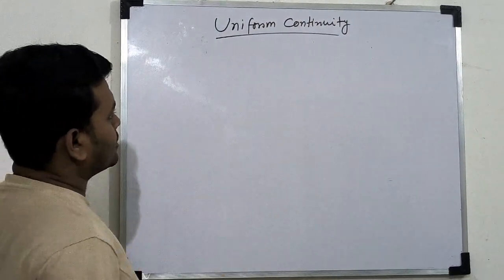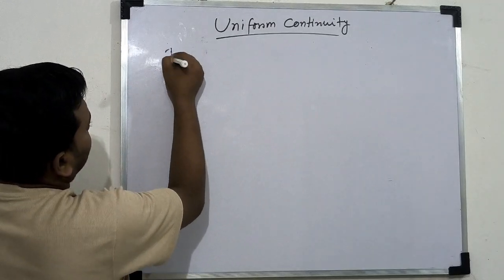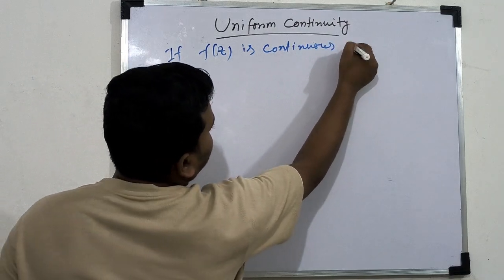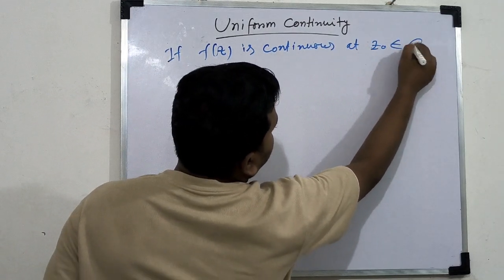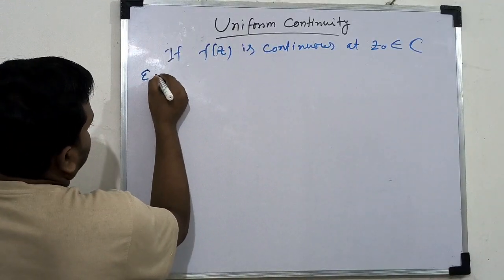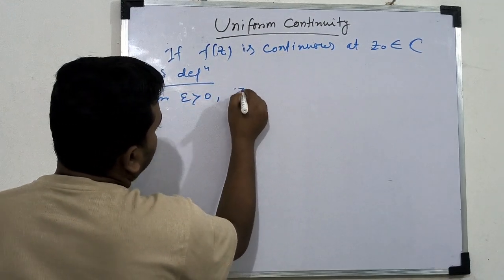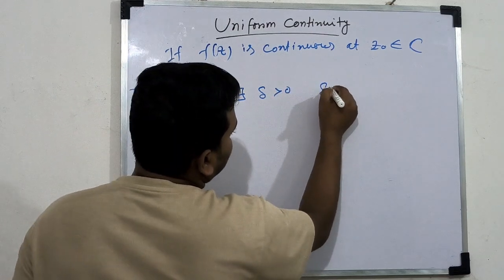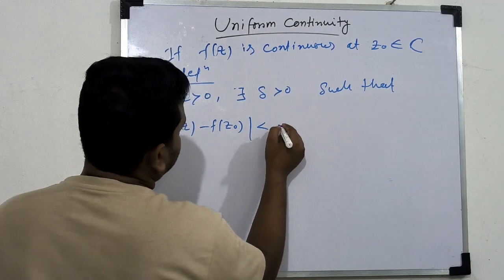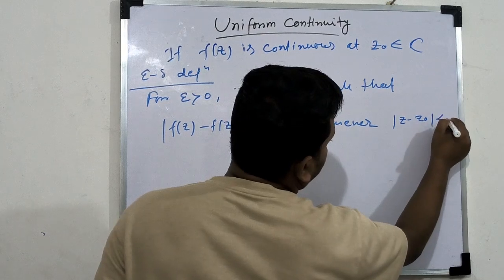So I will discuss the definition of uniform continuity. We have discussed the continuous function. So if f(z) is continuous at a point z0, which belongs to the set of complex numbers, then the epsilon-delta definition is: for epsilon greater than 0, there exists delta greater than 0 such that |f(z) - f(z0)| is less than epsilon whenever |z - z0| is less than delta.